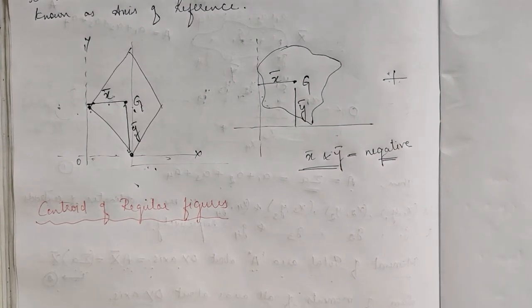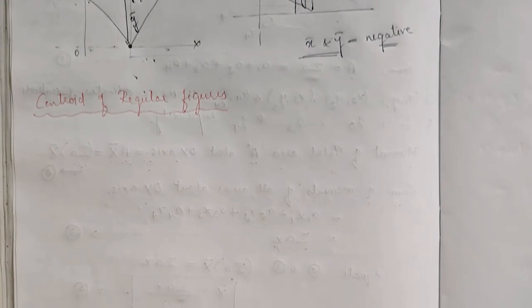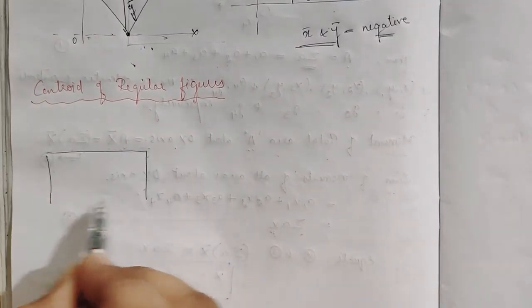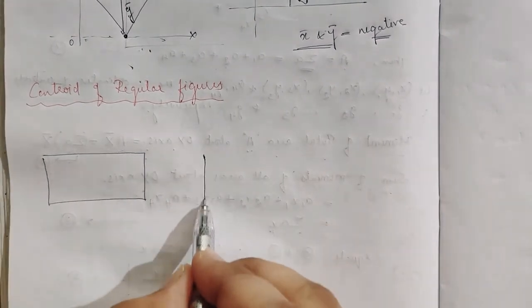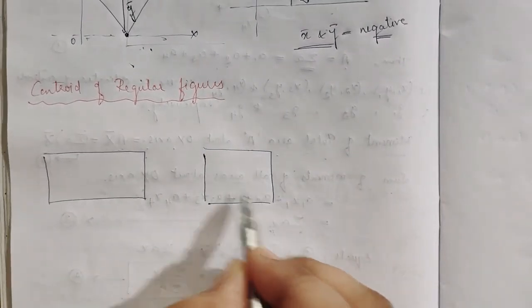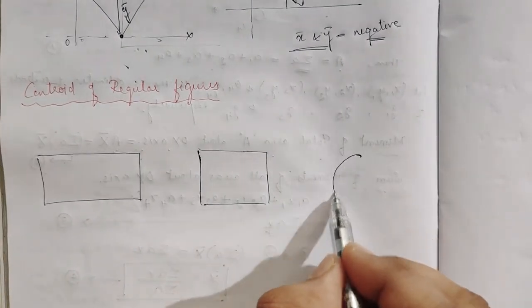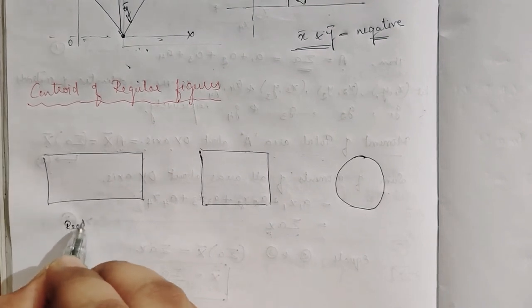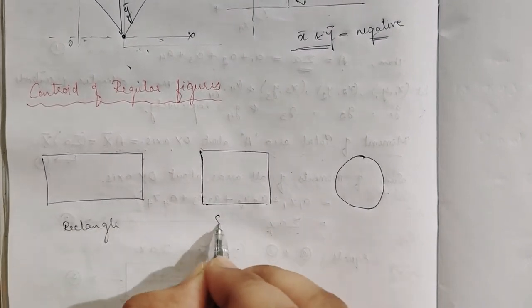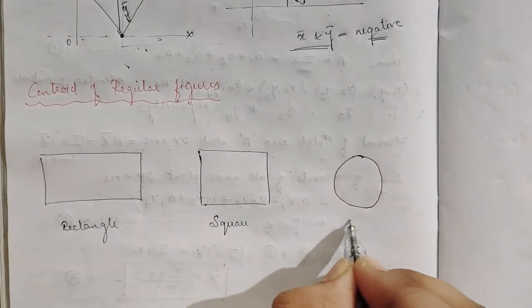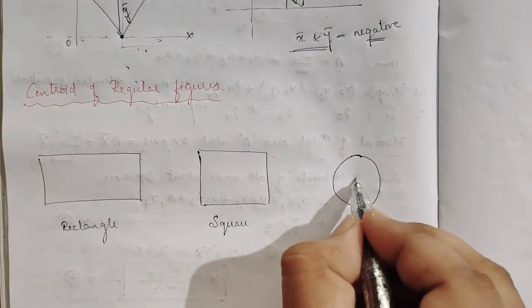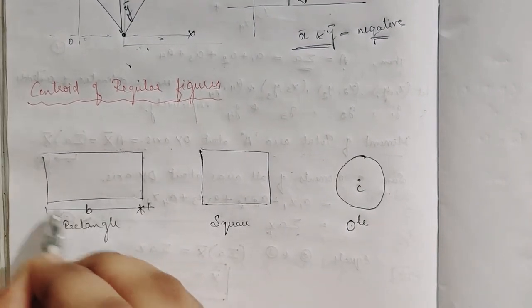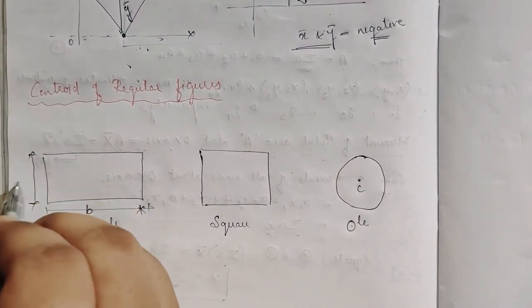I'll take three regular figures: one is a rectangle, another is a square, and another is a circle. Let C be the center, the width be B and the depth be D.